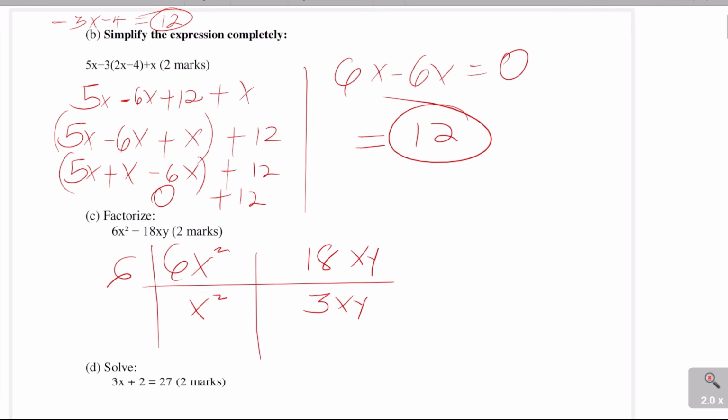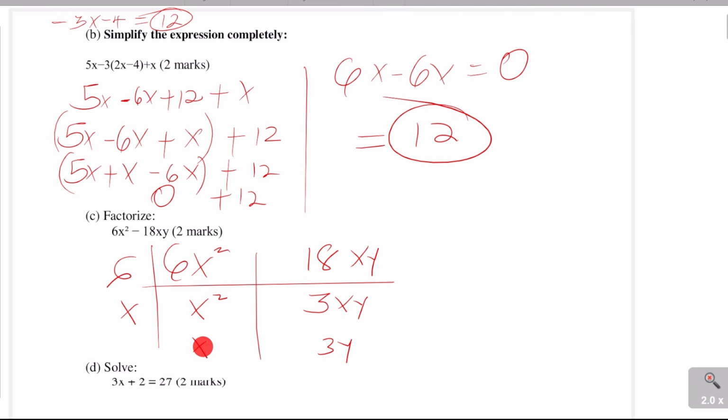Now look at x squared and 3xy. What is common? X is common. When you divide x squared by x, you get x. 3xy divided by x gives 3y.